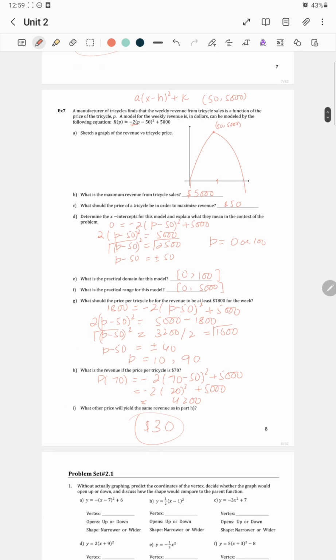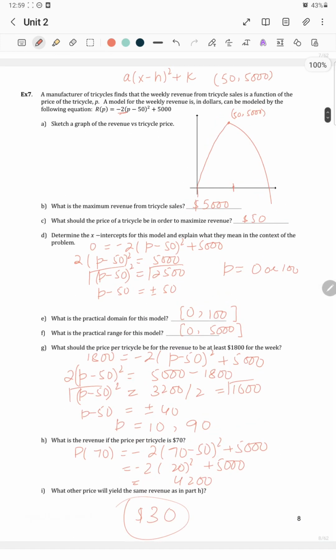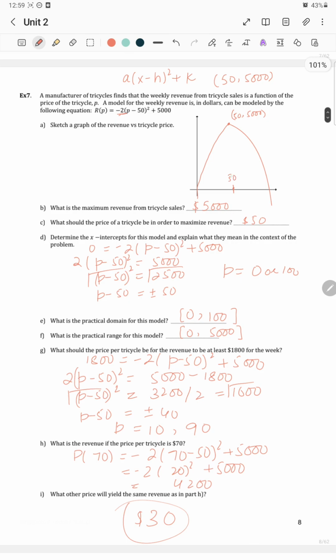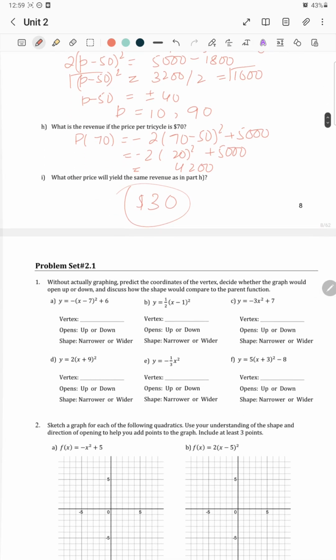As here it was 50, here it is 30, here it is 70. So for 70 the revenue is this, and for 30 the revenue is this. So for 70 and 30 the revenue is going to be the same.